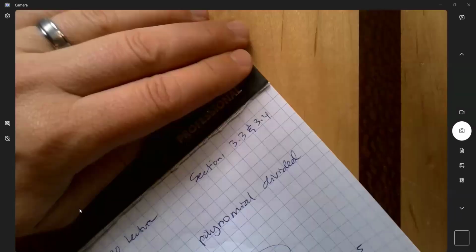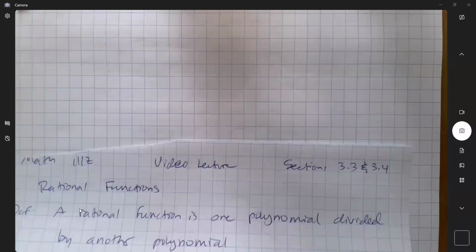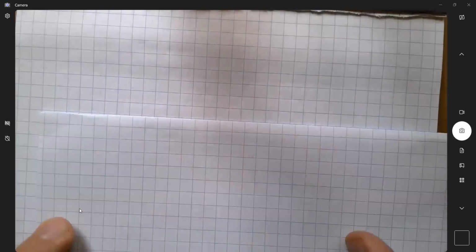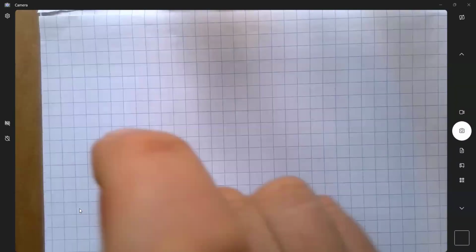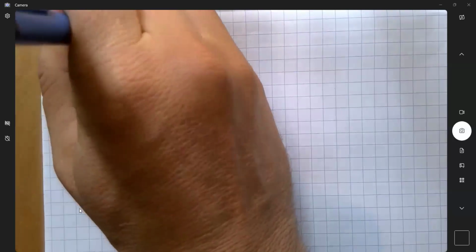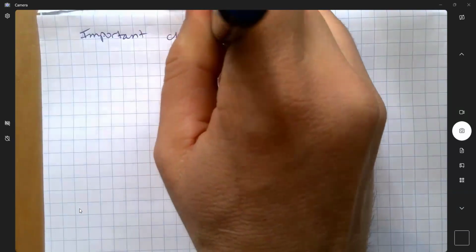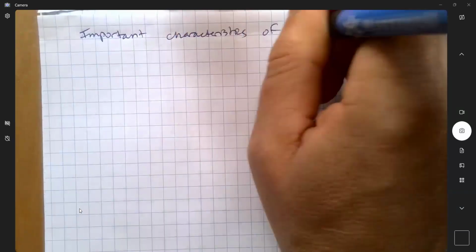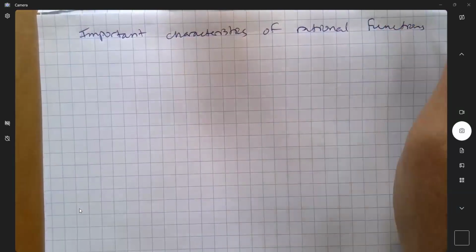All right. Most of what we did with polynomials was: what are the important characteristics of a polynomial, and how do you graph one? And we're going to be doing the same thing for rational functions. So the important characteristics of rational functions are going to be very similar to polynomials.